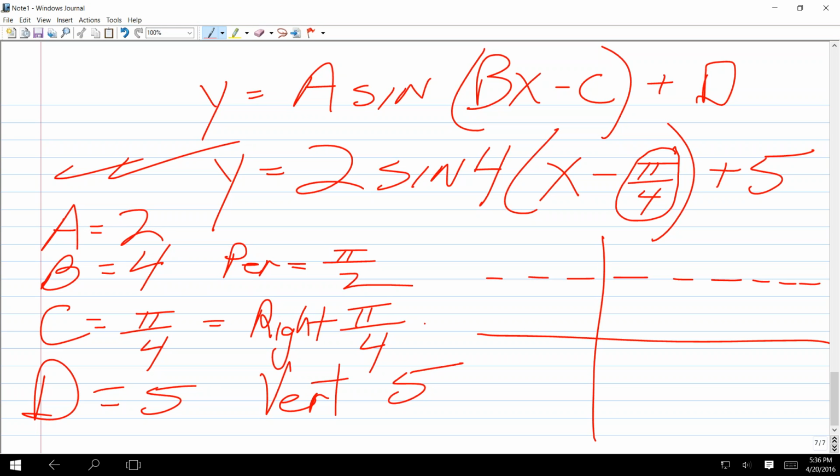Now, my amplitude is 2, so I know that I'm going to go up 2 units to 7 and down 2 units to 3. If I didn't have any phase shift, I know my period is pi over 2, which means I have to finish the graph by pi over 2. So if I ignore the phase shift, I would graph it like this.